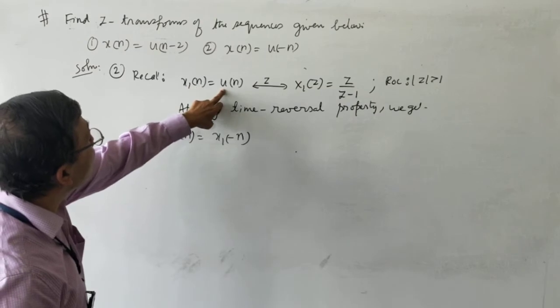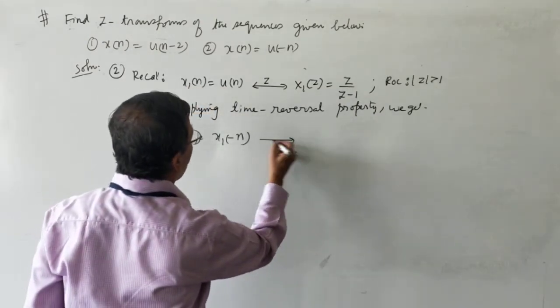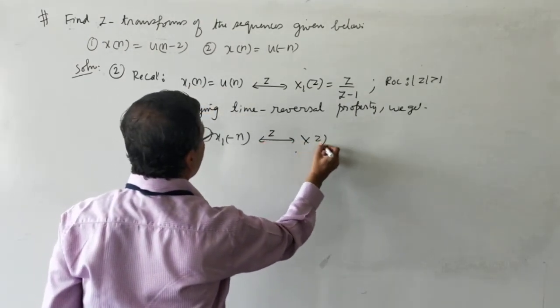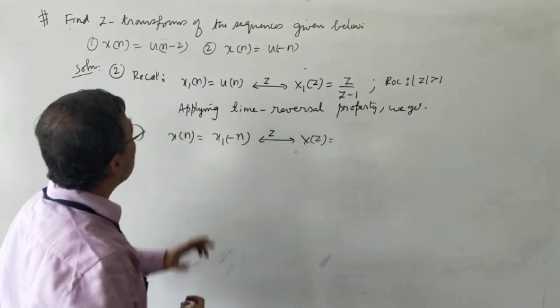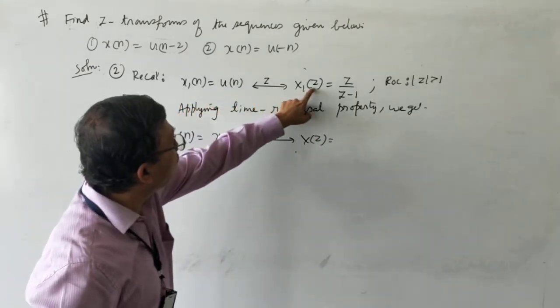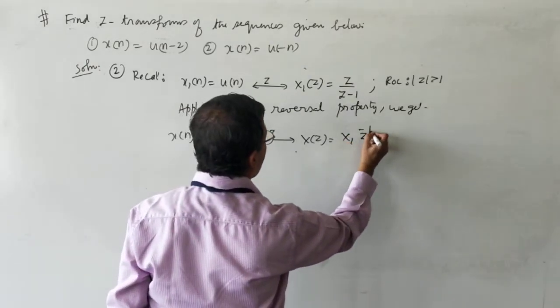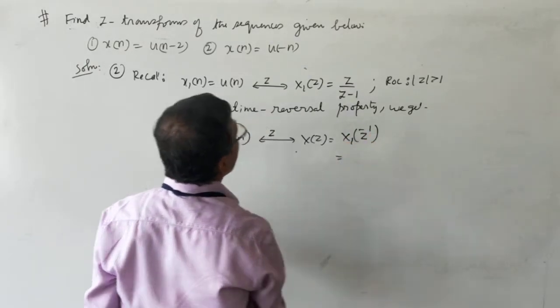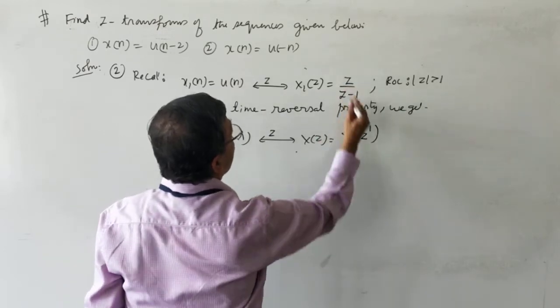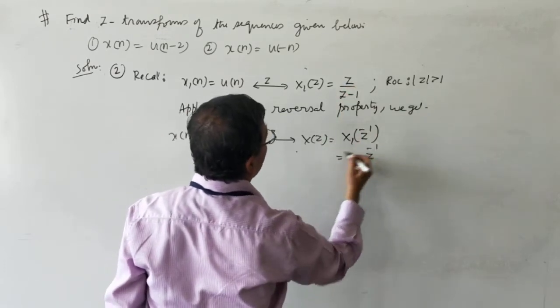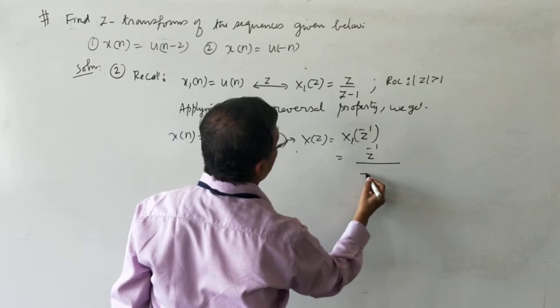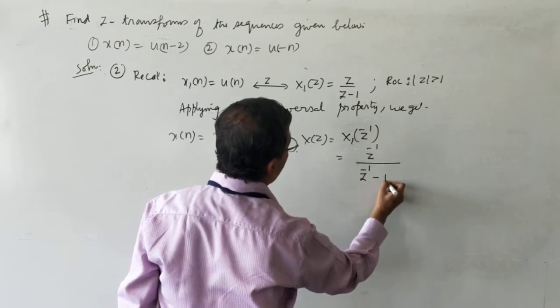u of minus n. As a z transform, x of z is equal to, if you replace n by minus n, z gets replaced by z to the power minus 1. x1 of z to the power minus 1 equals z to the power minus 1 divided by z to the power minus 1 minus 1.